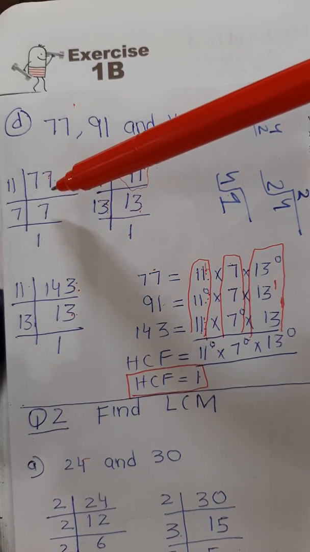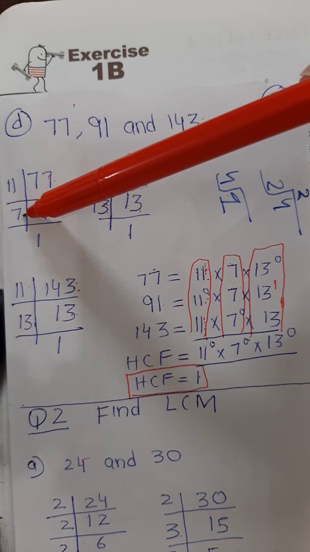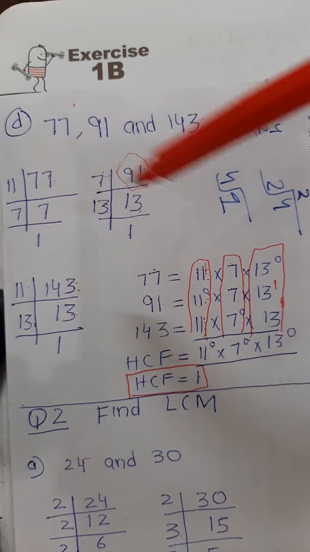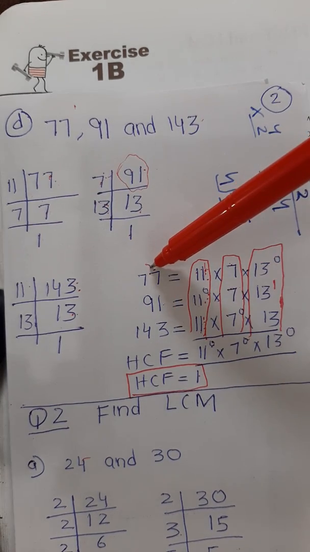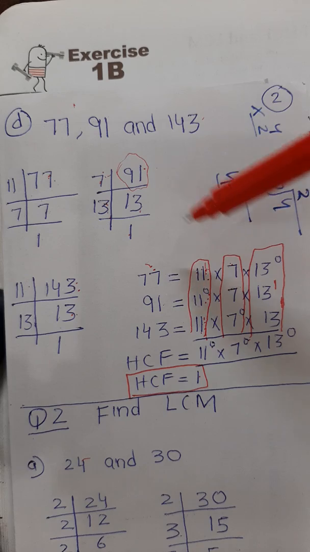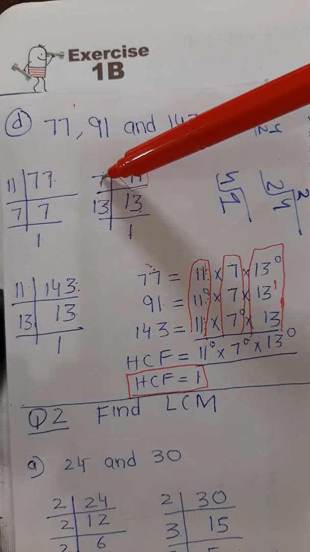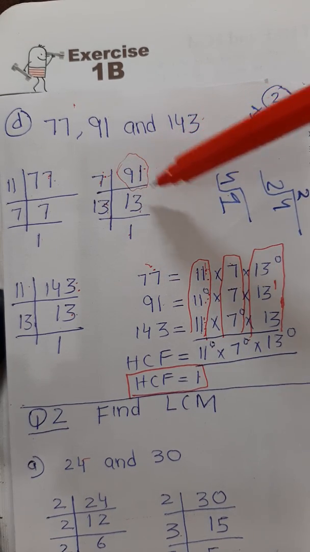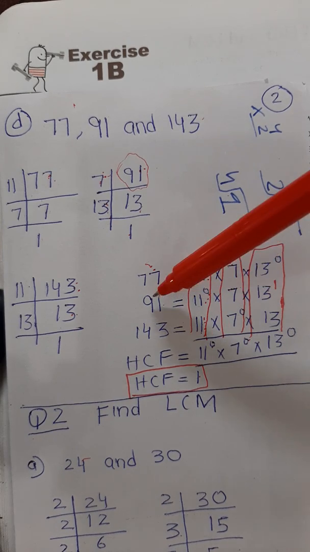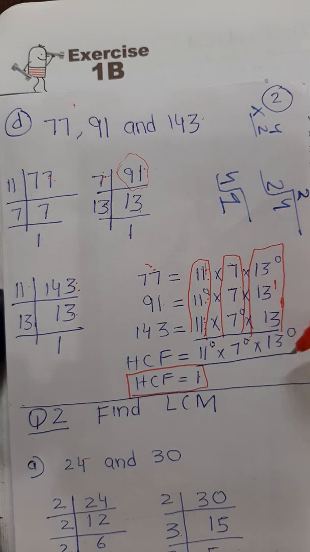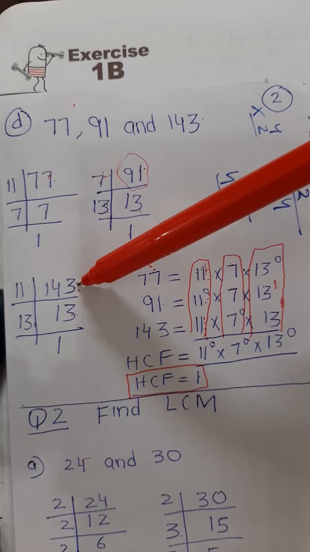Now go back to 77. We have got another factor 7 in the factors of 77, so enter 7 in the factors of 77. Now look for 7 in the factors of 91. Yes, we have got a 7 in the factors of 91, so enter 7 in the factors of 91 in the column of 7. Now look for 7 in the factors of 143.